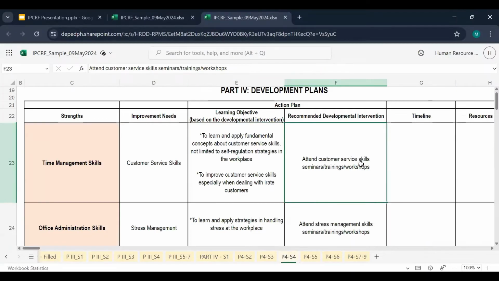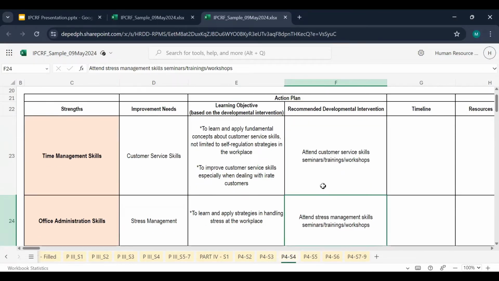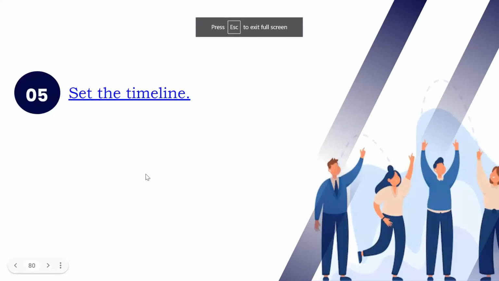For example, the recommended developmental intervention for the identified improvement needs under the sample 1 is to attend customer service seminars or trainings and workshop. And the other identified intervention is to attend stress management skills seminars, trainings, or workshops. So next step is to set the timeline.